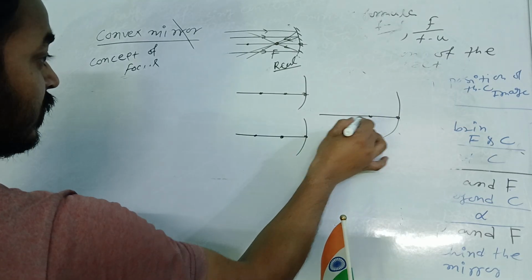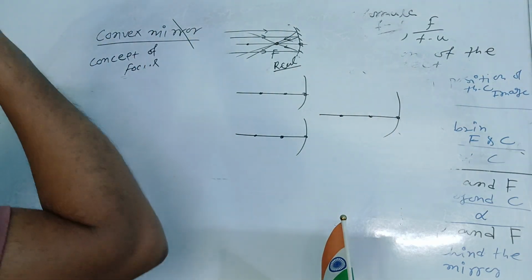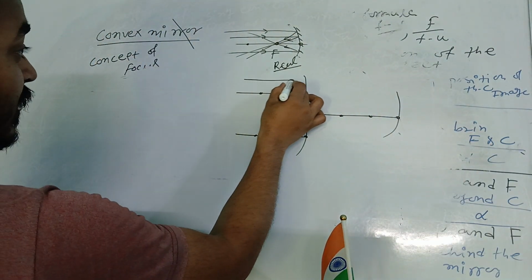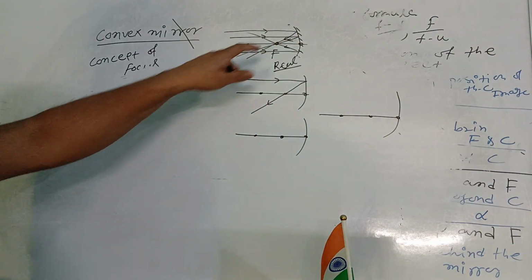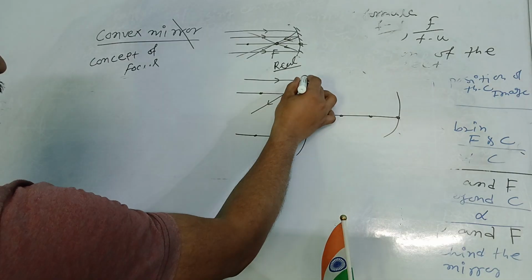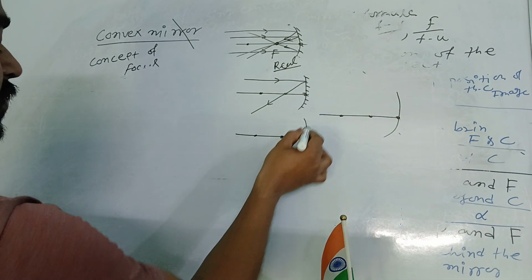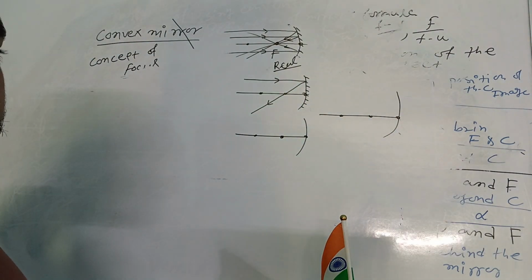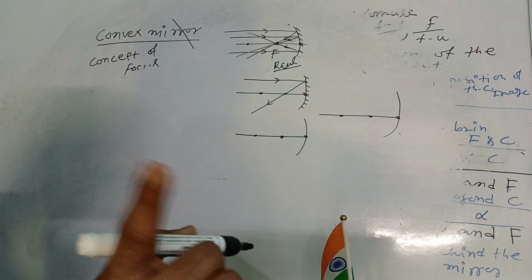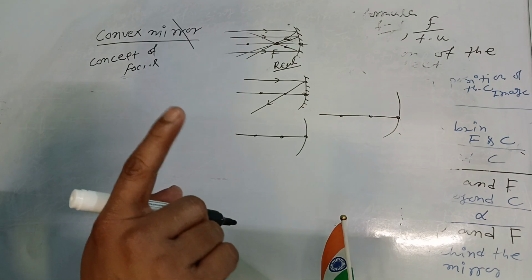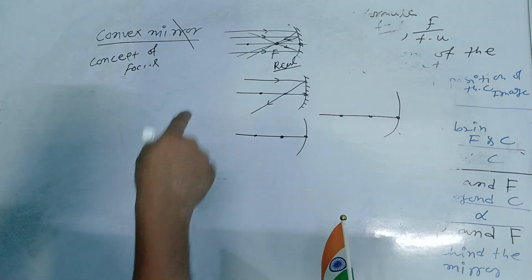When the incident rays are parallel to the principal axis, after the reflection they pass through the focus. For concave, remember. If you don't know, then go to class 10 light 1, reflection from spherical surface, spherical mirror. Then see lecture 1. This is class 10 light 1. This is class 10 light 2.